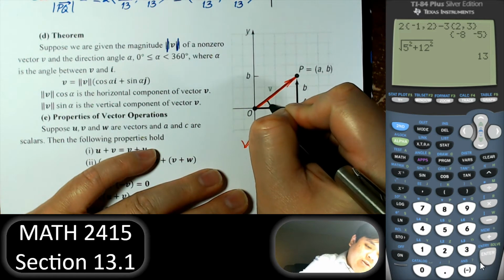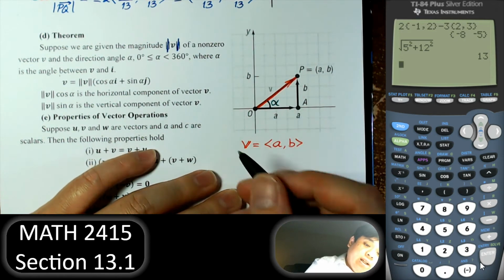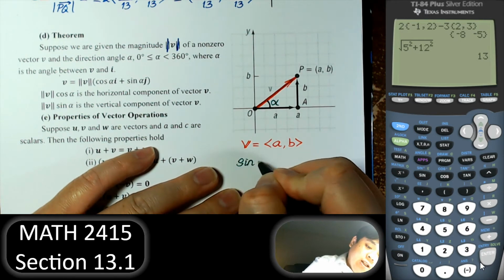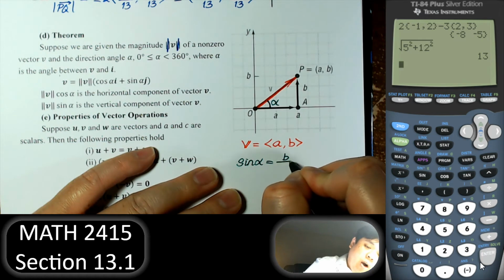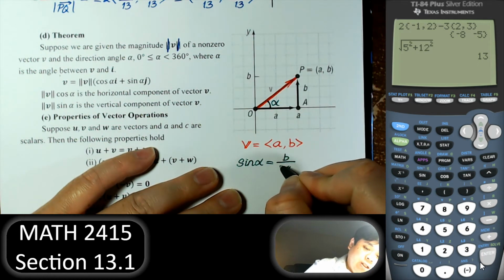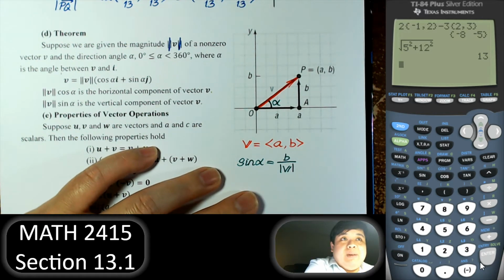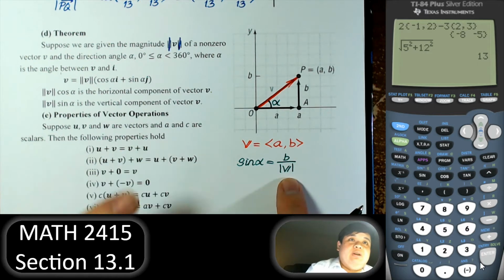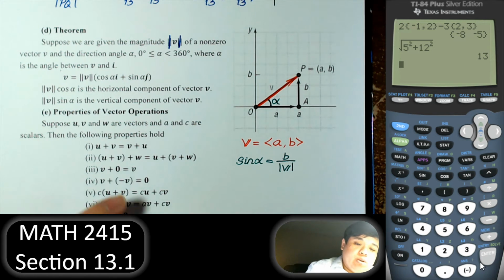Let's say there's an alpha angle there. So we say sine is opposite over hypotenuse. We cannot really use v, so we have to use magnitudes of v, because if we use the vector, that doesn't make any sense. They have to be scalar, have to be a number, so put absolute values or magnitude in it.